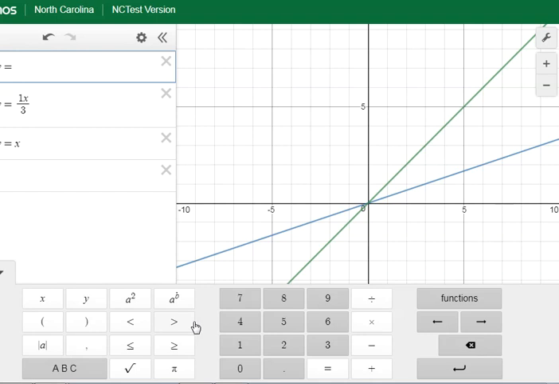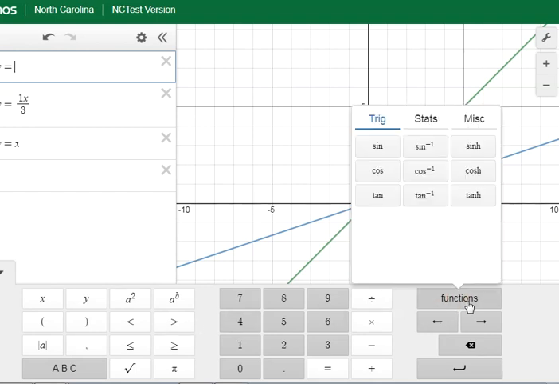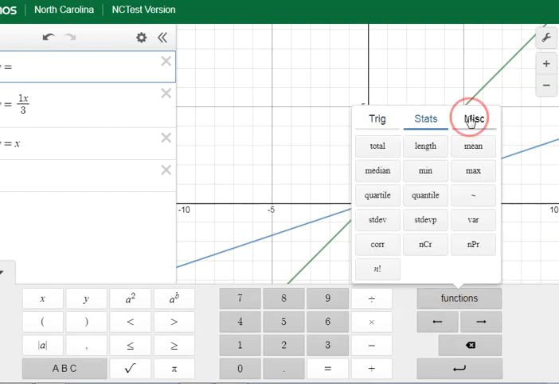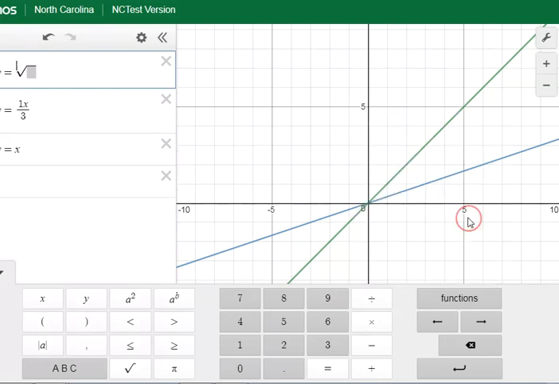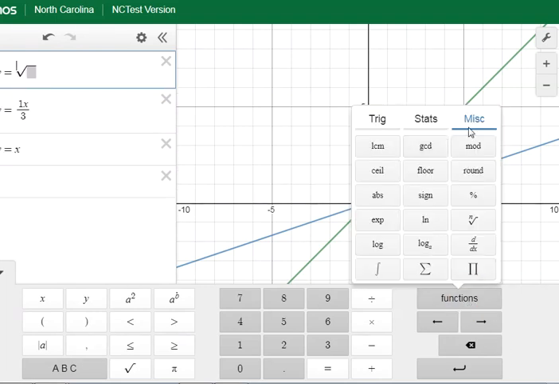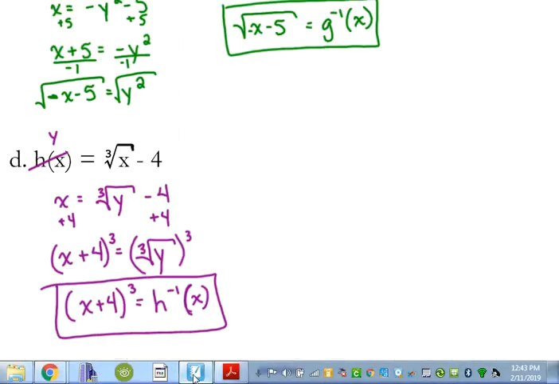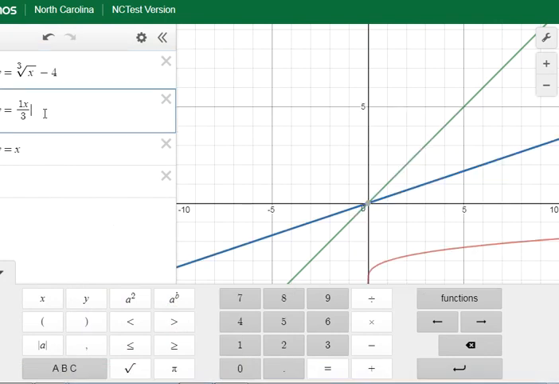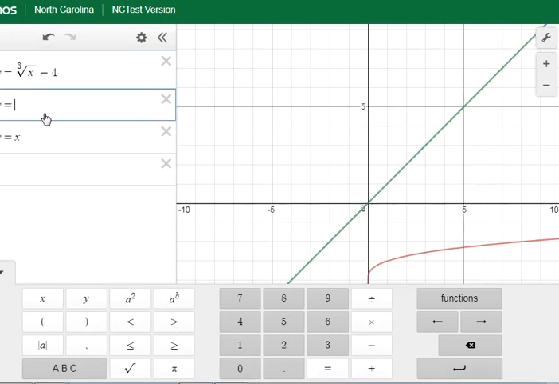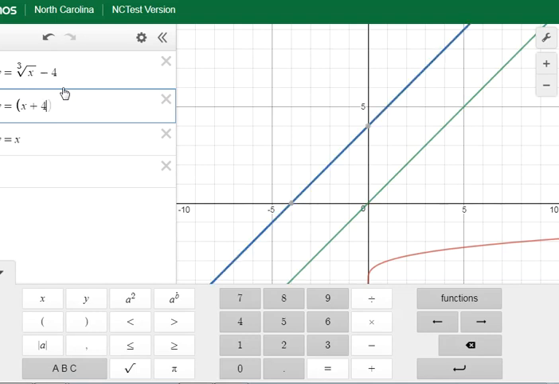There we go. I had to go over here to functions, and it has a little n on the square root. That's what lets me do the cube root. All right, cube root of x minus 4. That was my original, right? And then my inverse is, this is the correct inverse.